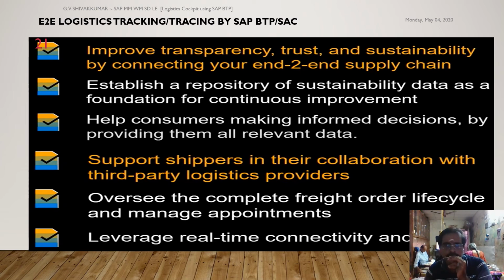So what are the observations? This BTP SAC combination, built with the enterprise buyer capability portal and logistics portal on BTP, will give you improved transparency of transportation, material movement or stock movement, and the end customer can trust that manufacturer and sustainability by connecting your end-to-end supply chain 24/7, and then establish a repository of sustainable data as a foundation for continuous improvement.